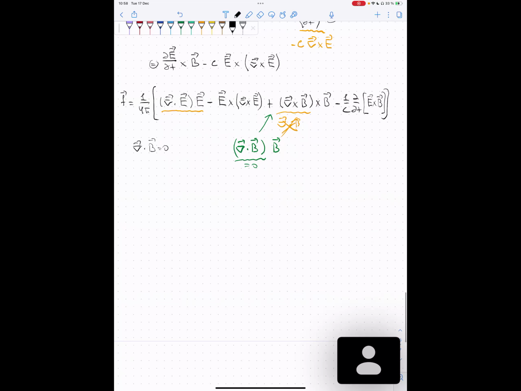And if we do this, we'll actually arrive at a symmetric version of this equation.